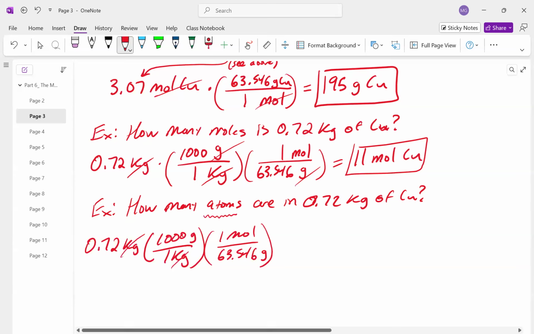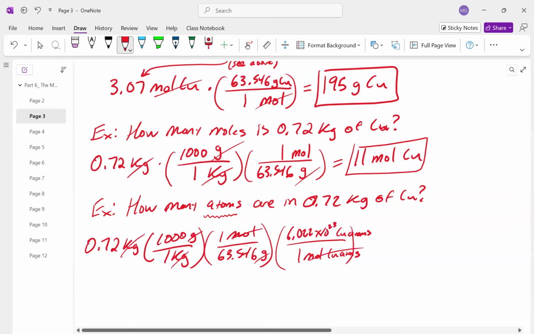Okay, so now I'm at moles. Do I have any relationship? Do I know any conversion factor that relates moles to the number of atoms in a substance? Yeah, I use Avogadro's number. I know that 1 mole of copper atoms is 6.022 times 10 to the 23rd copper atoms.